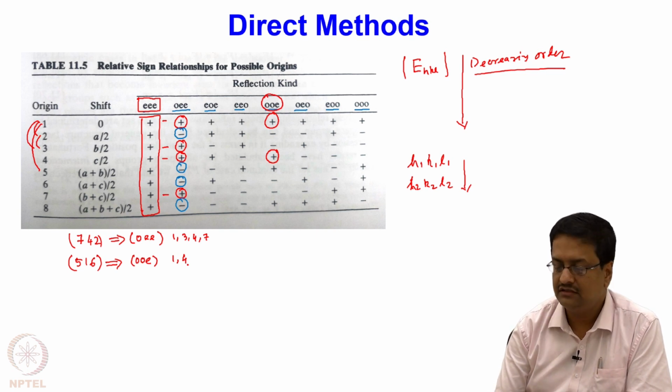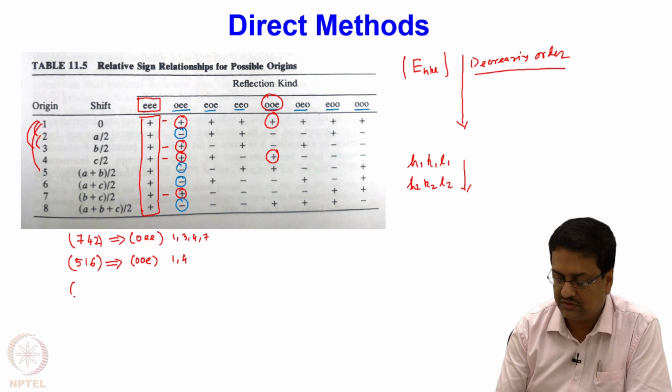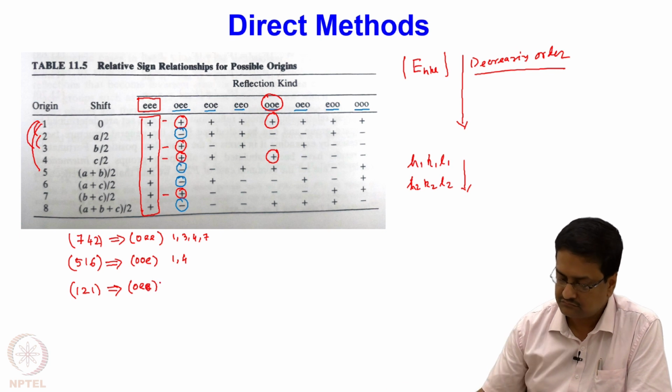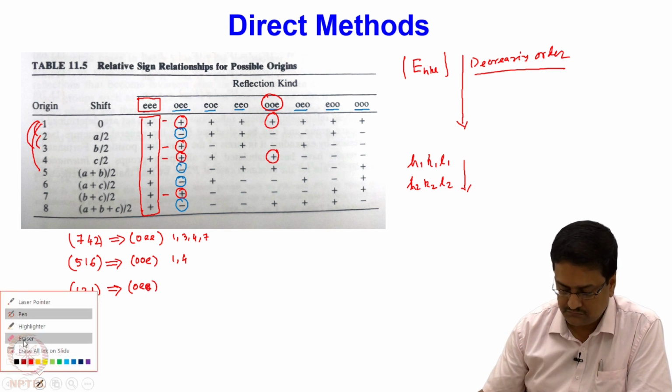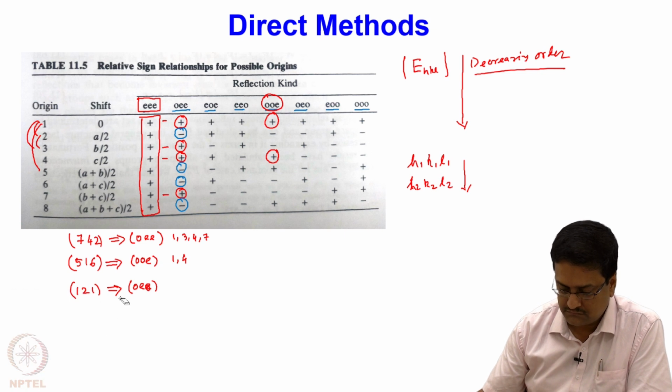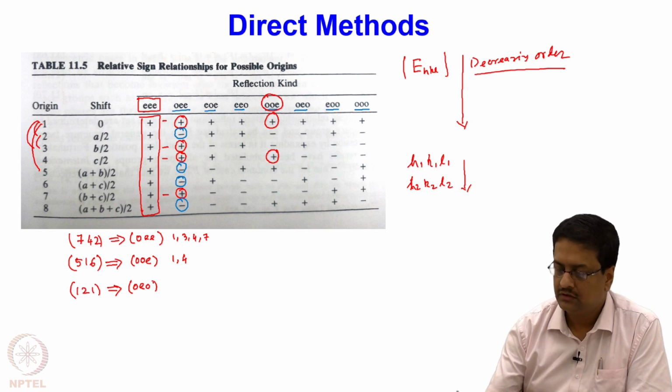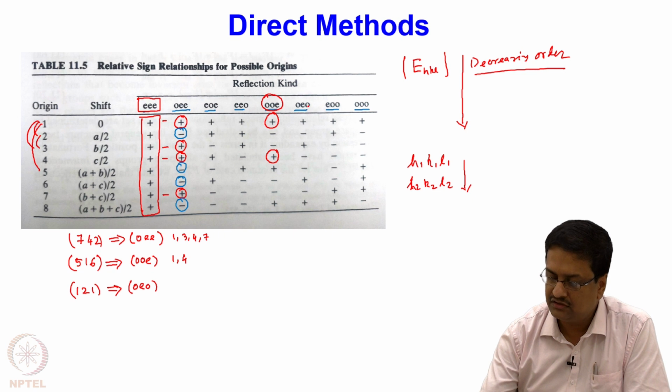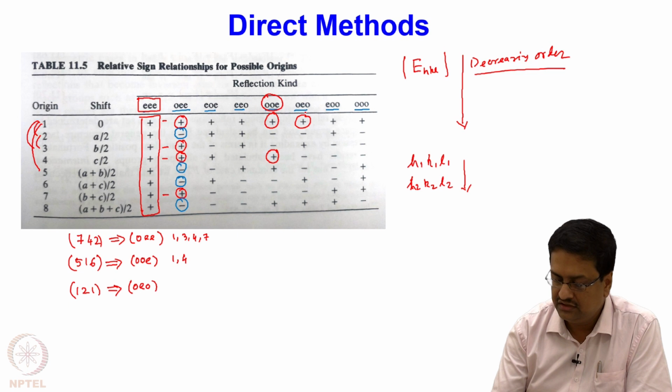So now if we choose one more reflection, suppose 1 to 1, which is also probably a strong reflection, an odd even odd set of reflection, then odd even odd should have all 3 plus, and the option is only 1.